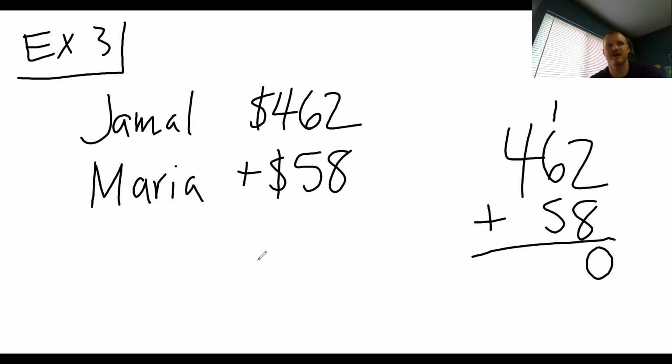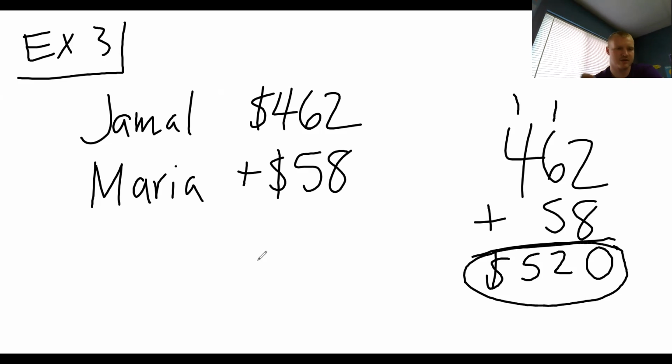Oh, you did 6 plus 5. So 6 plus 5 is 11, and then plus 1 more is going to be 12. Carry my 1. And then what's 1 plus 4 going to be? That's going to be 5. So $520 is how much money Jamal has now.